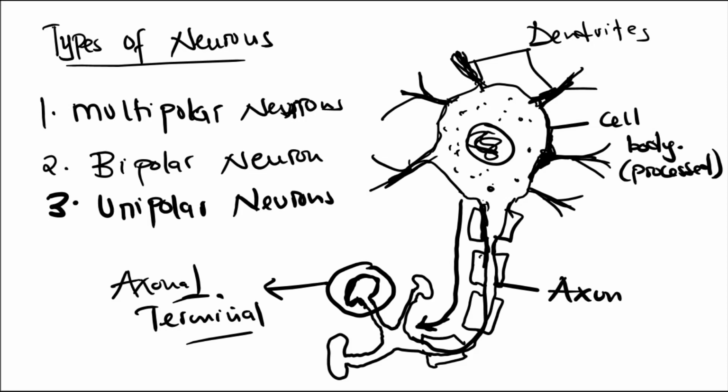So this is your axonal terminal, and an action potential is coming. You know that an action potential is just depolarizing the cell.